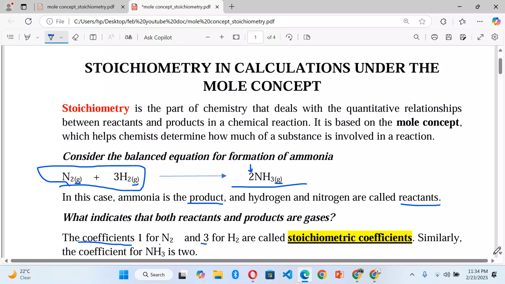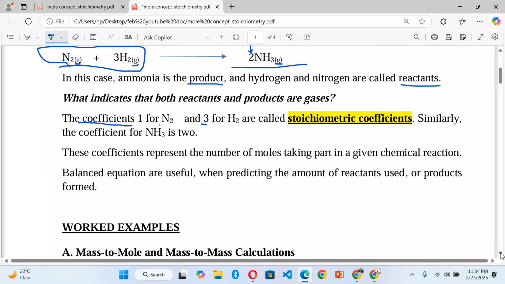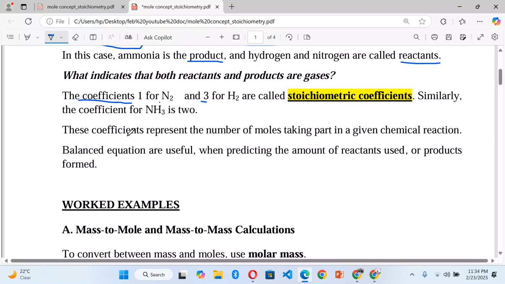These coefficients, the 1 for nitrogen, the 3 for hydrogen, and the 2 for ammonia, represent the number of moles taking part in a given chemical reaction. Balanced equations are useful when predicting the amount of reactants used or products formed.